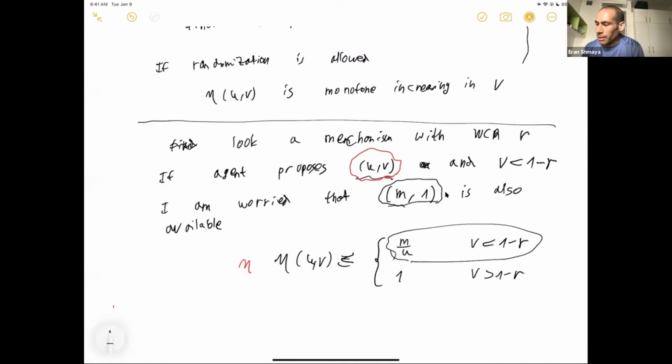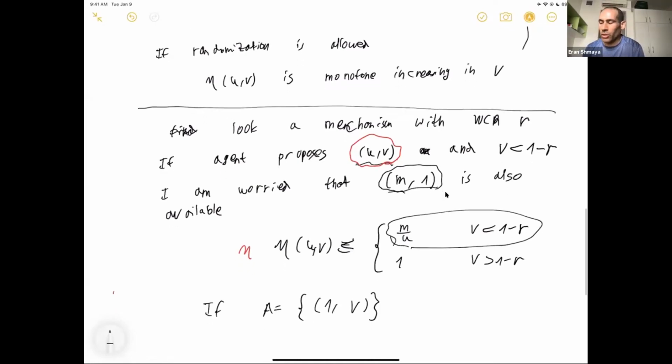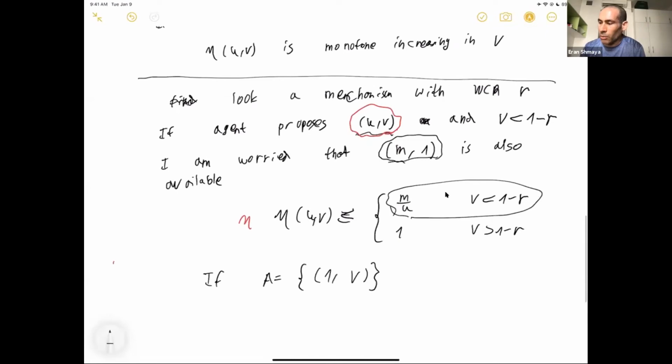We may create regret if the only project that is available is a project that gives the agent something and gives me V, and I am accepting it only with probability M. According to this formula, I create regret of 1 minus M times V, and if V is 1 minus R, then I'm creating this regret.